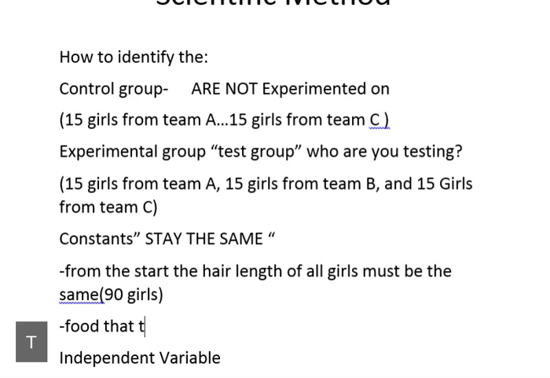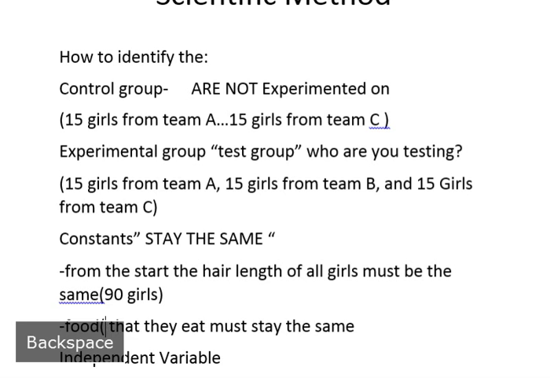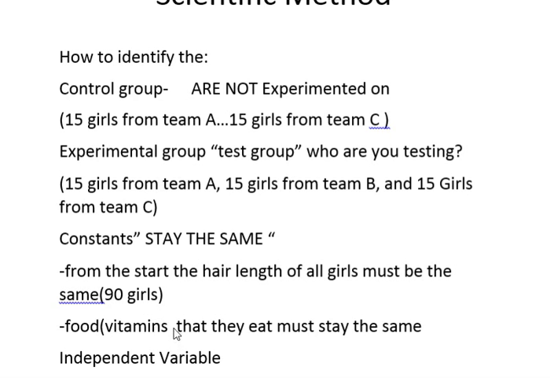So food that they eat must stay the same. And also, when I'm saying food, I mean everything that falls under that. Vitamins. We'll include vitamins in their own category, well, we'll go ahead and put it here. So vitamins. What else must stay the same dealing with food?